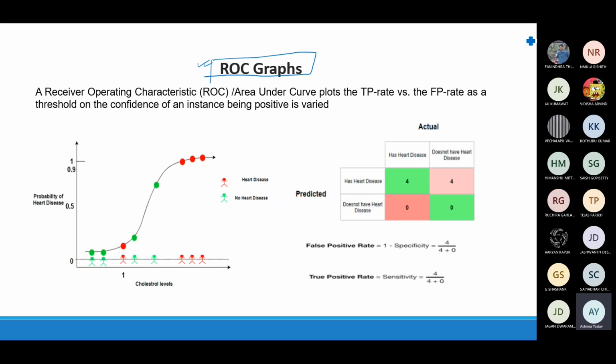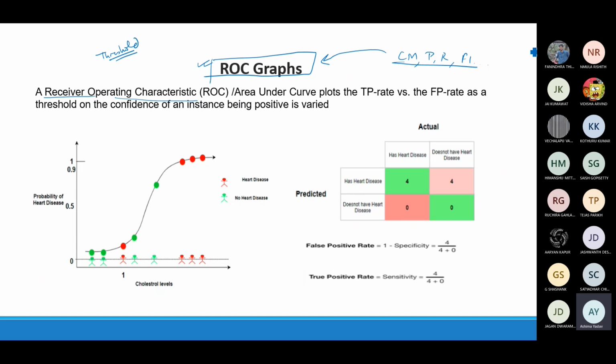Apart from calculating the confusion matrix, or maybe precision, recall, F1 score, and so on, we also look for something known as ROC graphs, which are the receiver operating characteristics. These graphs first help in giving different thresholds to you.